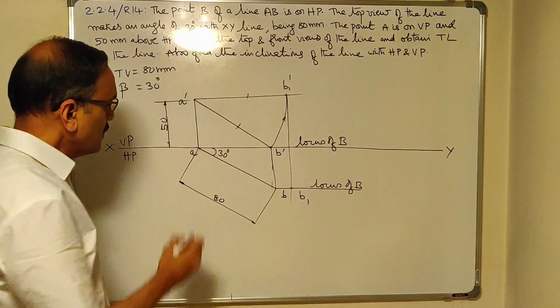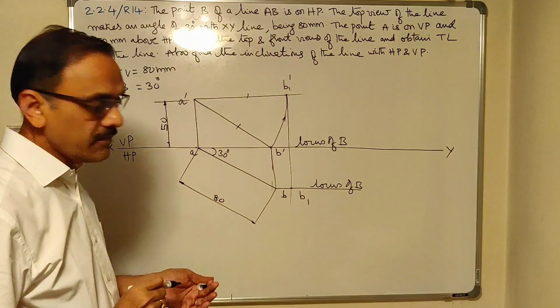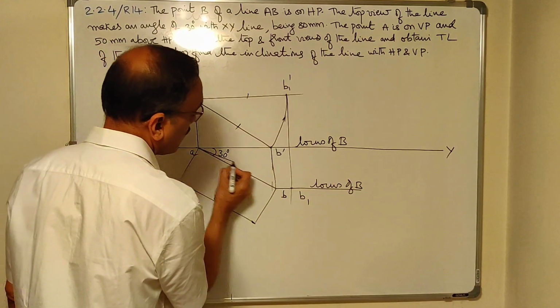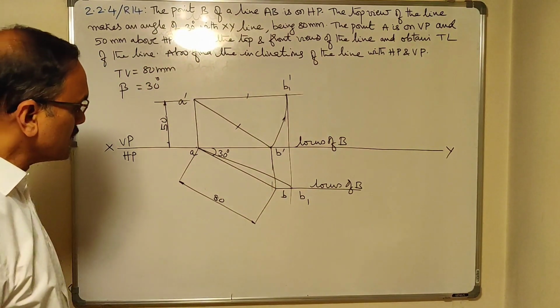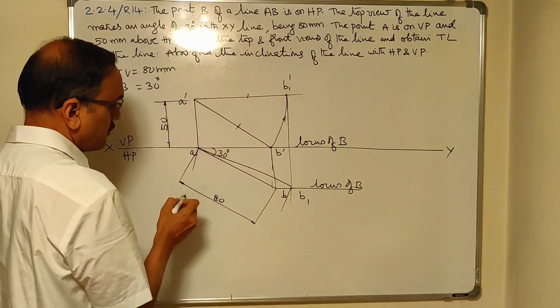That's it. If you connect A with B1, you get the true length. And the true length will be drawn as a thin line, not a thick line. That is the true length. So you can measure it and show the true length.